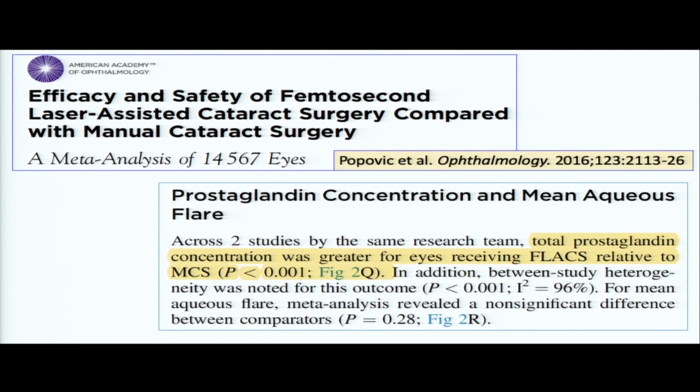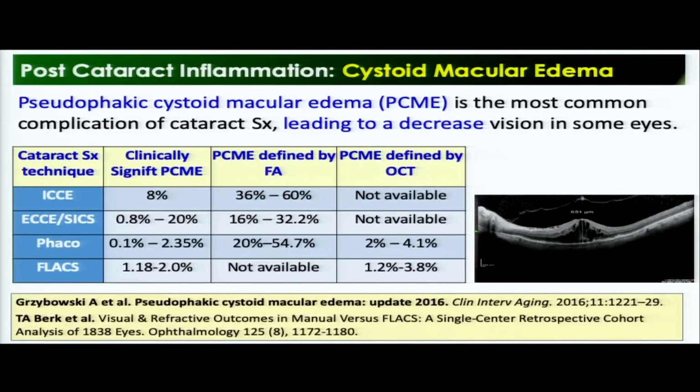This study has been published in the American Academy of Ophthalmology journal, a meta-analysis of a huge number of patients. What about CME? Initially it was very high in our ICCE era, and now with Phaco or flax, it is between 1 to 2%, whether you define it with OCT or clinically.